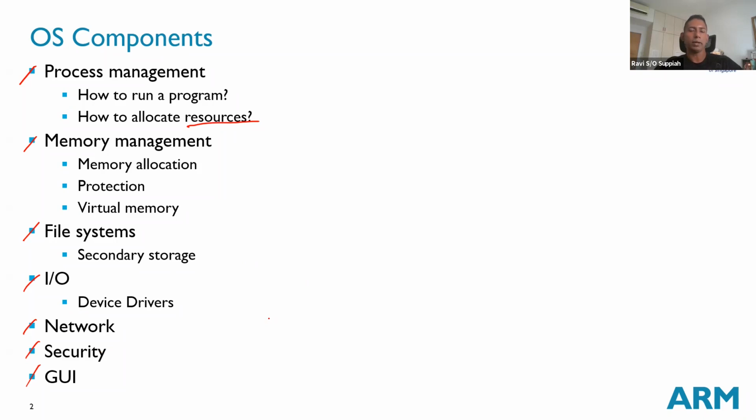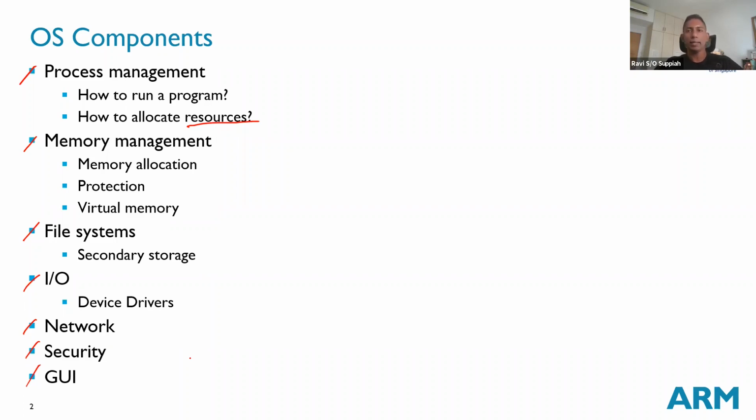Security depends on what layer of security you're talking about. Could be the hardware layer, could be the internet protocol layer, and so on. And then the GUI itself. In terms of the GUI, some OS libraries already have packages to help you with quick GUI development.